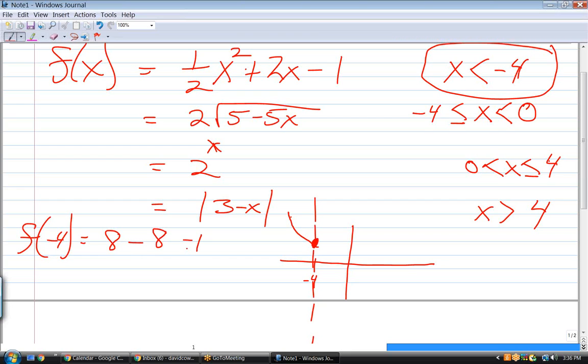Minus 1. So this parabola actually comes in right there. I know that it's going to look like this. Maybe if I were to plot the whole thing, it might end up doing something like that, but it's not for the whole area. It's only for this part of the domain. And should that be a closed circle or an open circle? Open.